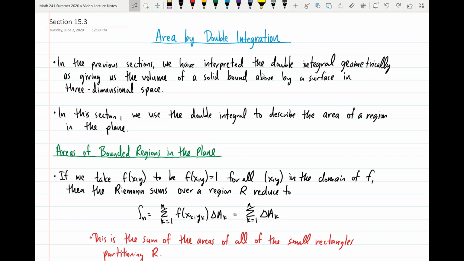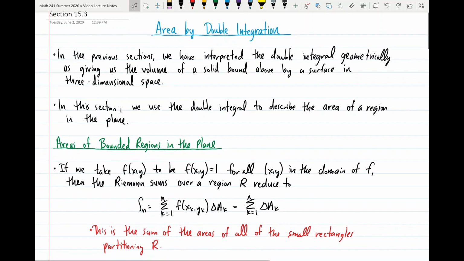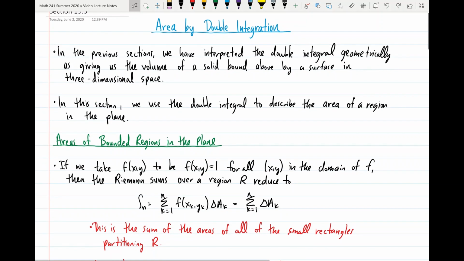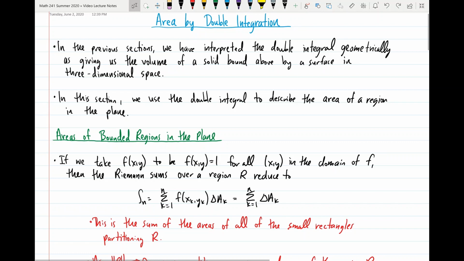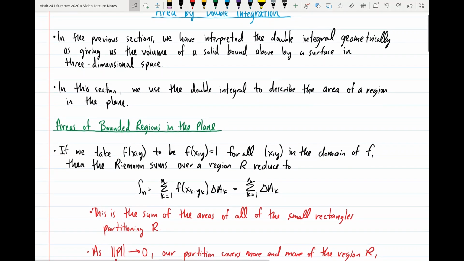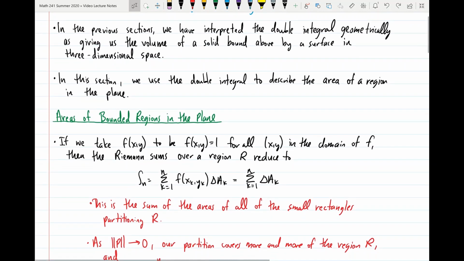But in this section, we are going to talk about another geometric interpretation. We're going to use the double integral to describe the area of a region inside of the plane. So we're moving from talking about solids in three-dimensional space to talking about regions in two-dimensional space and using the double integral to formulate an expression for the area of those regions.